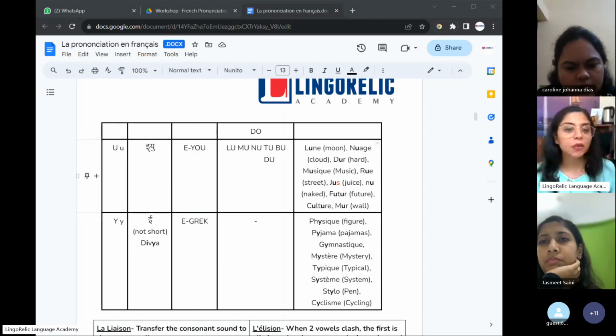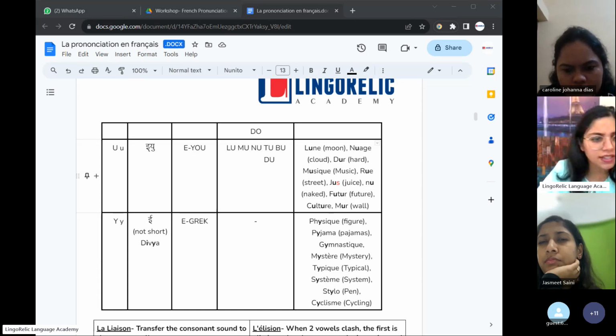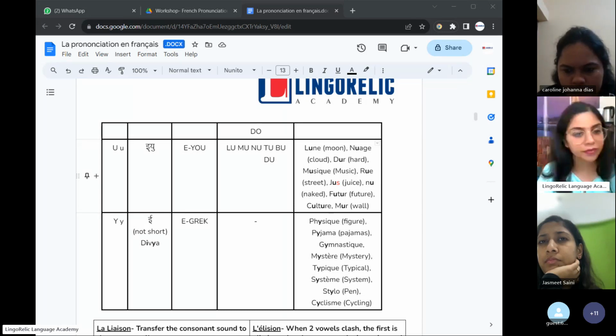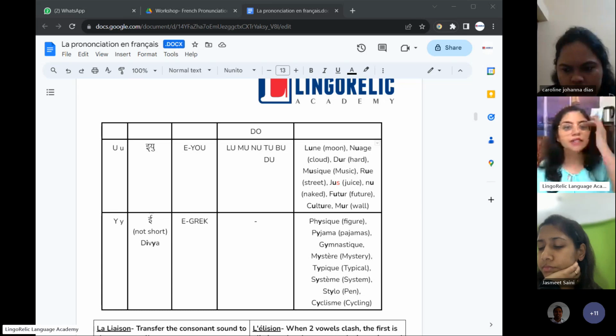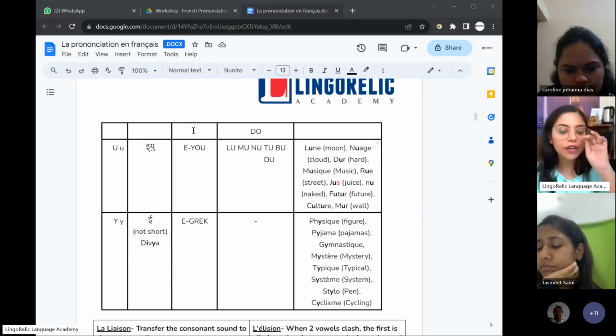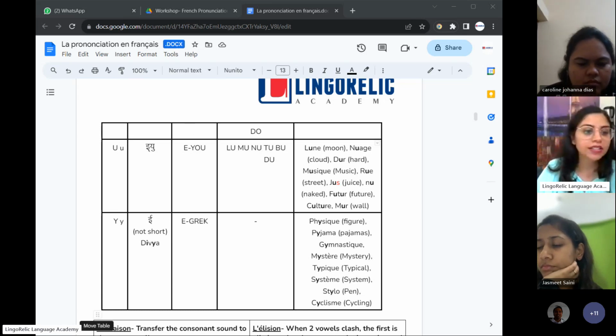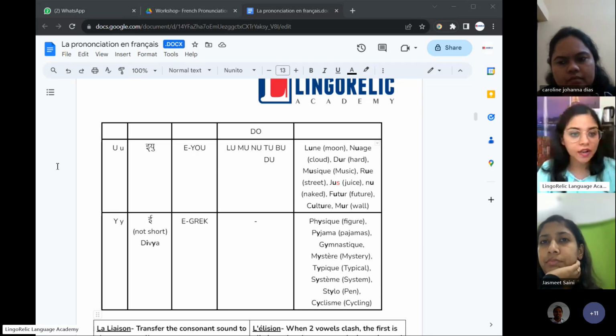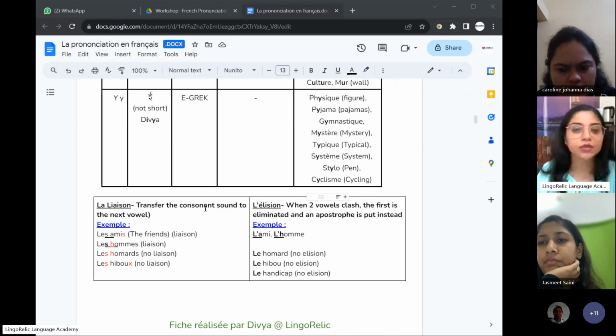Okay. Voila. And then you also wrote another word, efficace, is it? So the pronunciation is efficace, not efficace, because you're getting this vowel later on two times, and hence it changes to e. Okay.